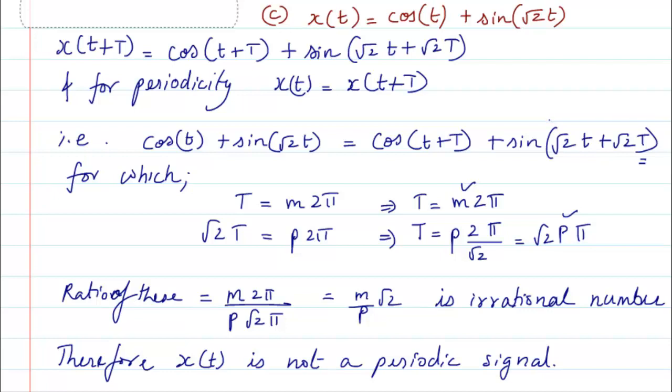Then how come the combination of both the signals is not periodic? Well, they are not periodic because there is no common multiple at which both these signals become periodic, and that is the reason why we have got the ratio of both the capital T as an irrational number.